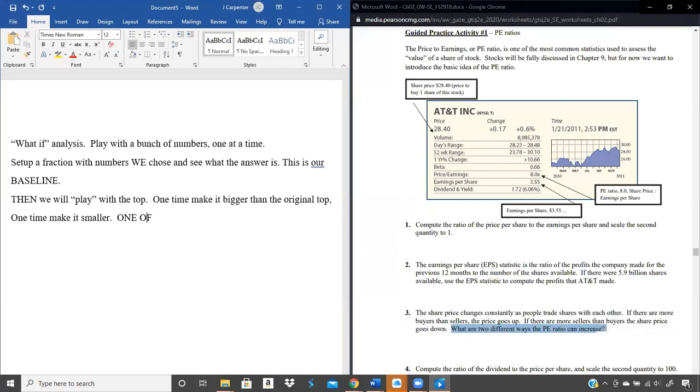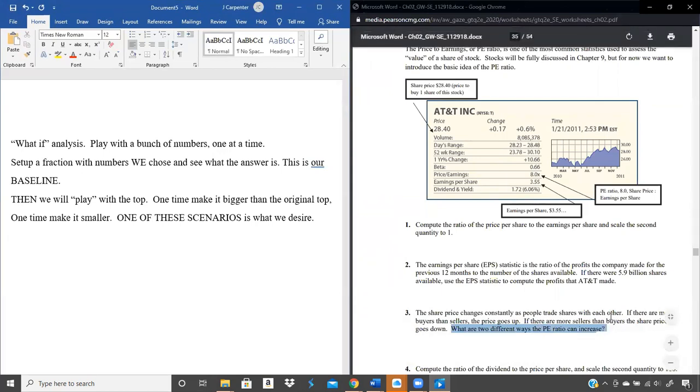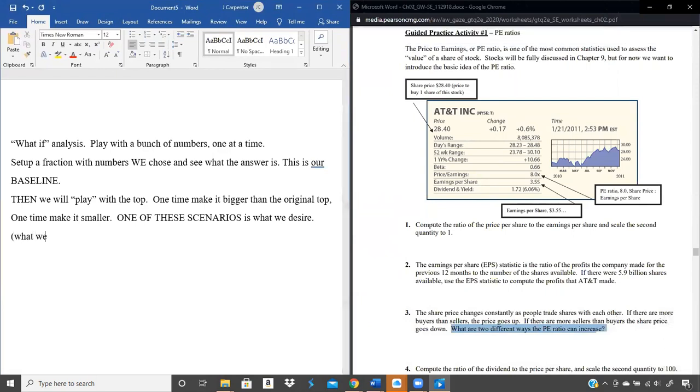In one of these scenarios, we get what we desire. What do we desire? We desire the PE ratio to increase. So let's ignore the whole idea of PE ratio. Let's just say we want the ratio to increase. We want the answer to go up. So what we desire is the answer to go up.